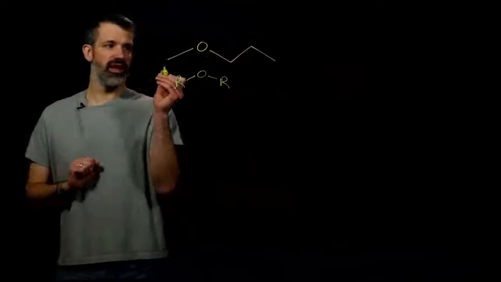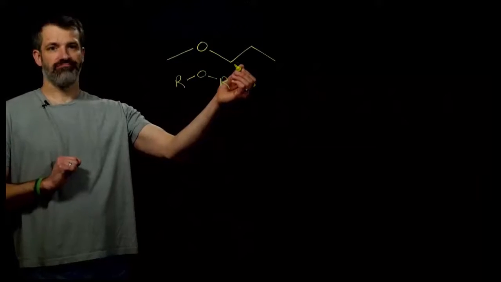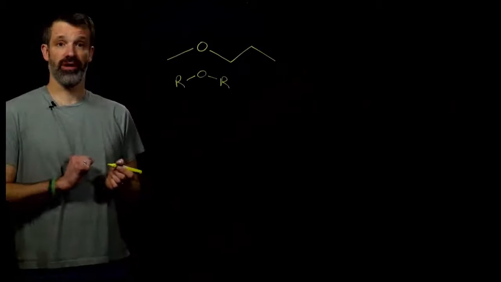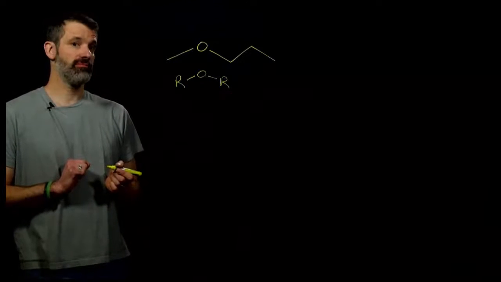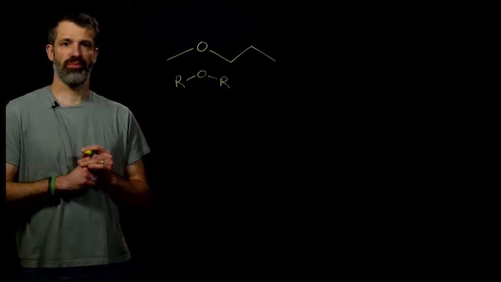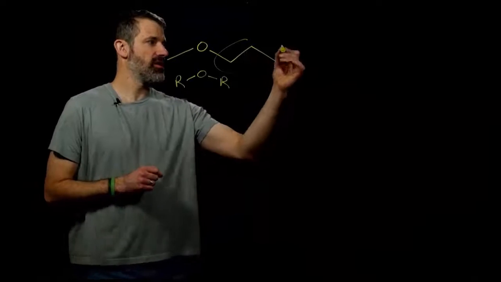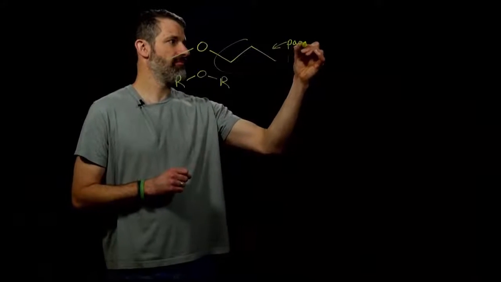On this side I have one carbon for methane. On this side I have 1, 2, 3 carbons for propane. So a methane versus a propane. The propane group is longer, so this will be my parent chain.